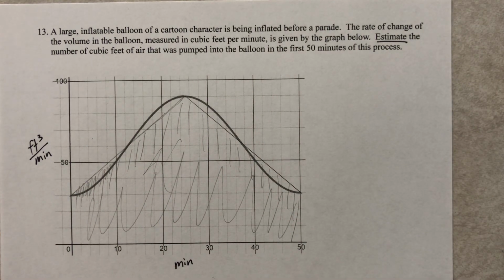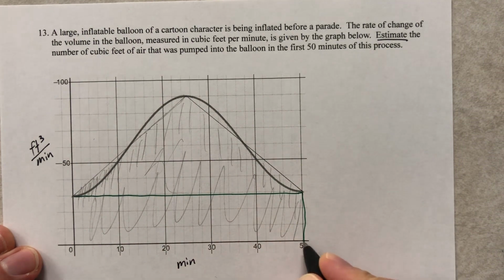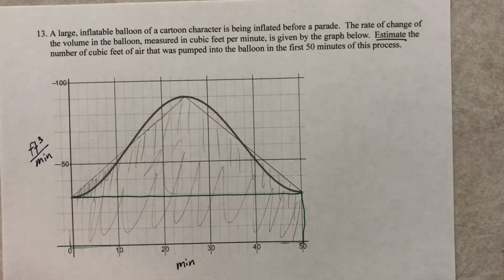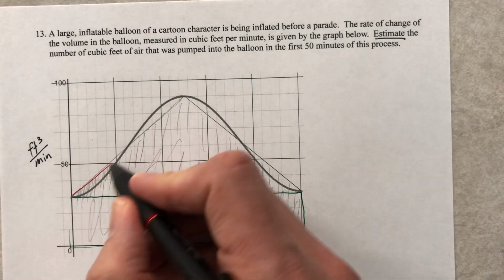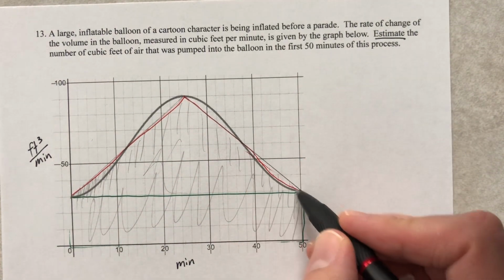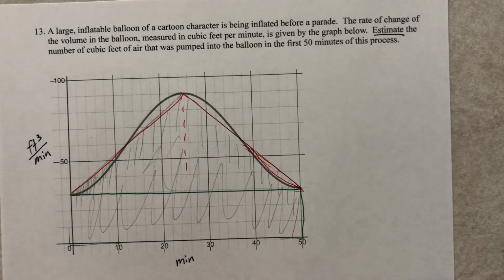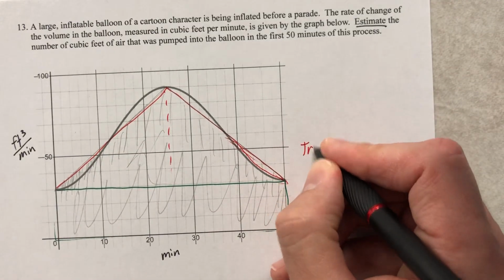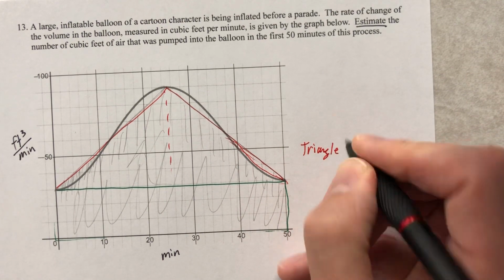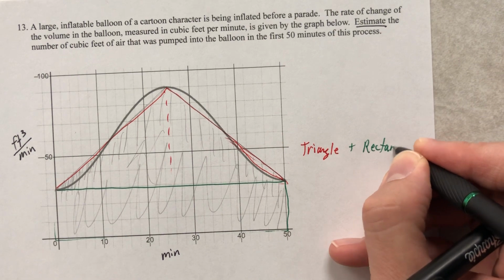So let's just find this area. I'm going to treat it like a rectangle and a triangle. A terrible triangle that's not meeting the way I want it to meet. And here's the height of that triangle. So let's do it. We're going to have a triangle plus a rectangle.